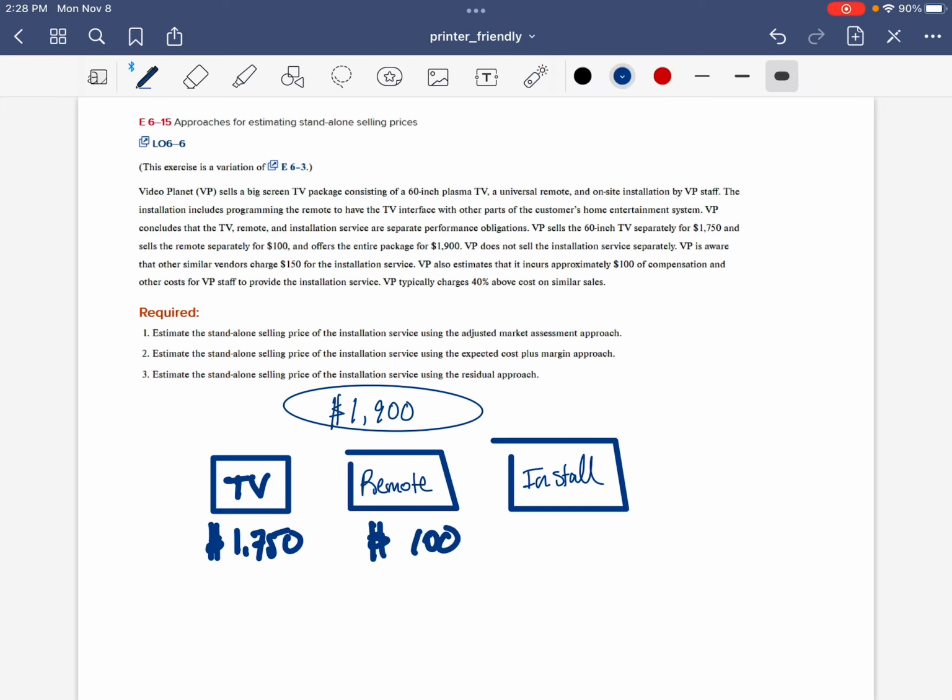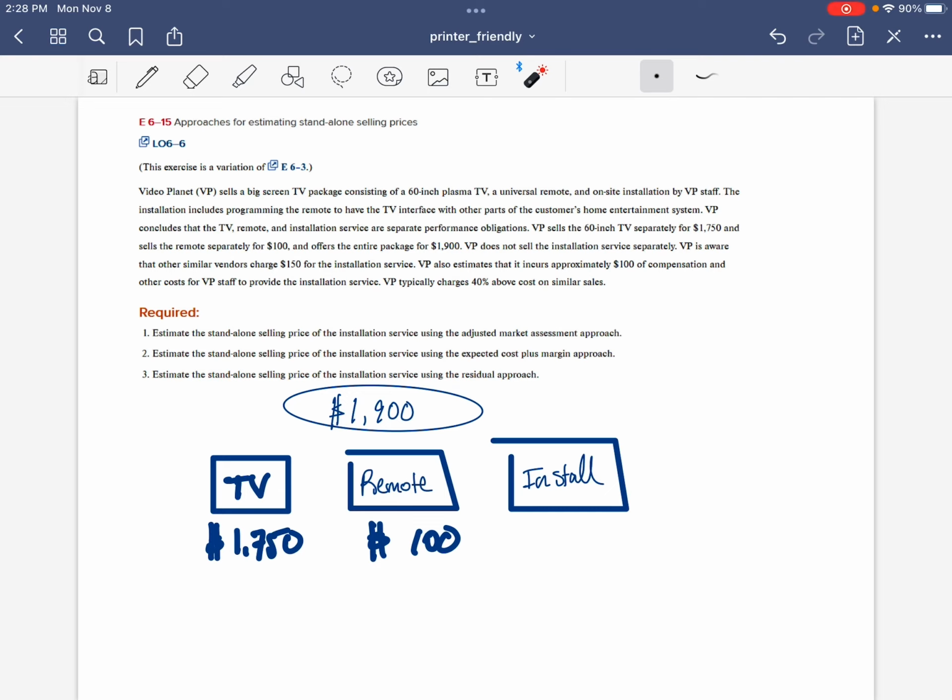But we don't know what the installation would cost because Video Planet does not sell the installation services separately. So we don't know the standalone price for the installation. To split up this $1,900 into these 3 parts, we need to know that.